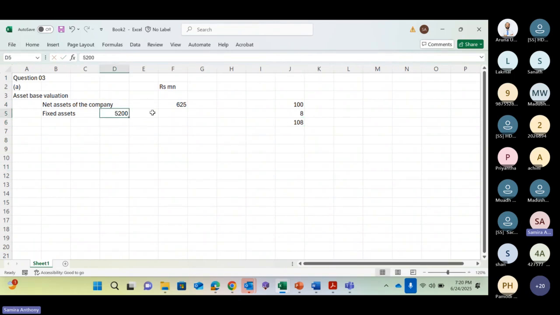Therefore, this 5,200 equals 108. What you have to do is divide this by 108 and multiply it by 8. It should be a minus number.